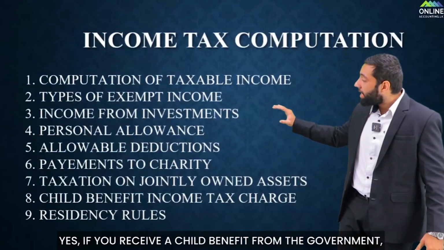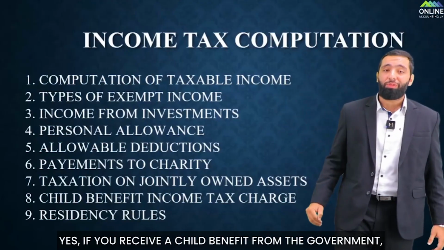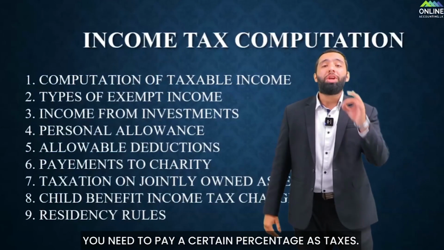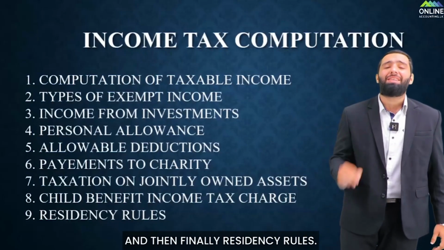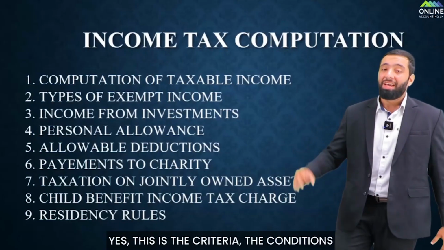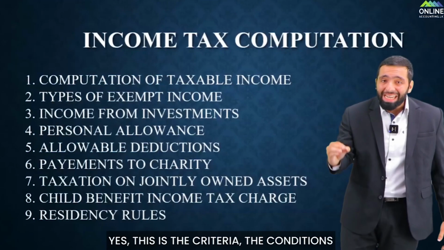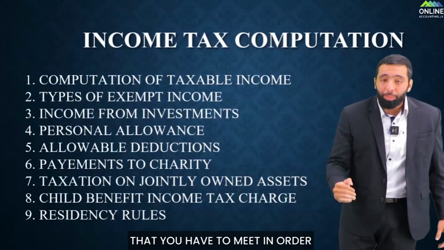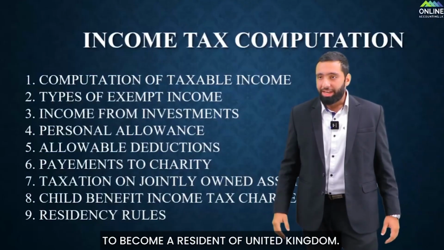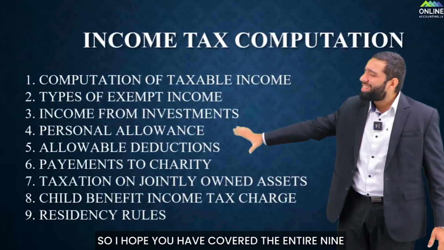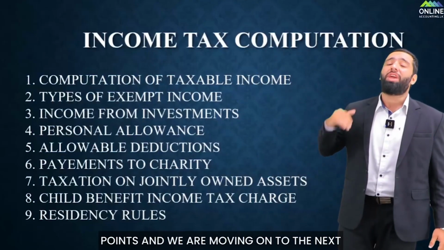What is this? Yes, if you receive a child benefit from the government, you need to pay a certain percentage as taxes. And then finally, residency rules. What is this? Yes, these are the criteria, the conditions that you have to meet in order to become a resident of the United Kingdom. So I hope you have covered the entire 9 points, and we are moving on to the next one.